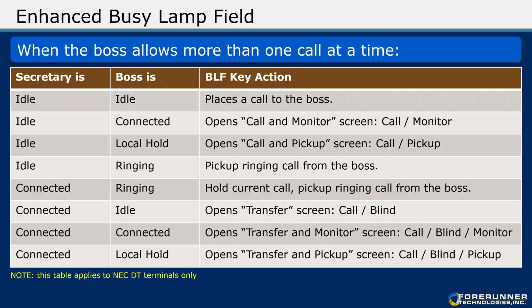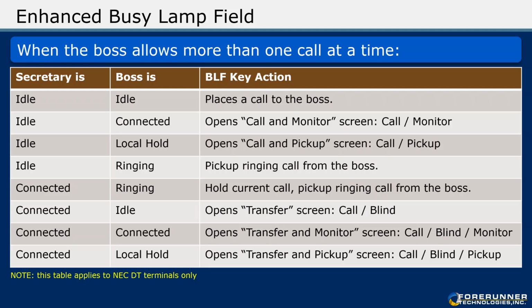If the secretary is idle and the boss's phone is ringing, she will pick up the ringing call. If the secretary is on a call and the boss is ringing, pressing the BLF key will put the secretary's call on hold and grab the boss's call.